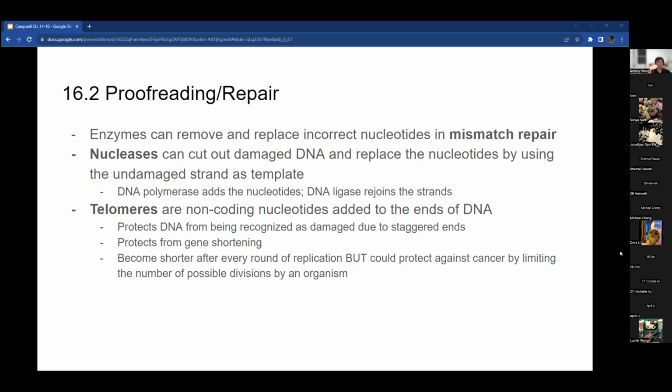One more important section of DNA are called telomeres.